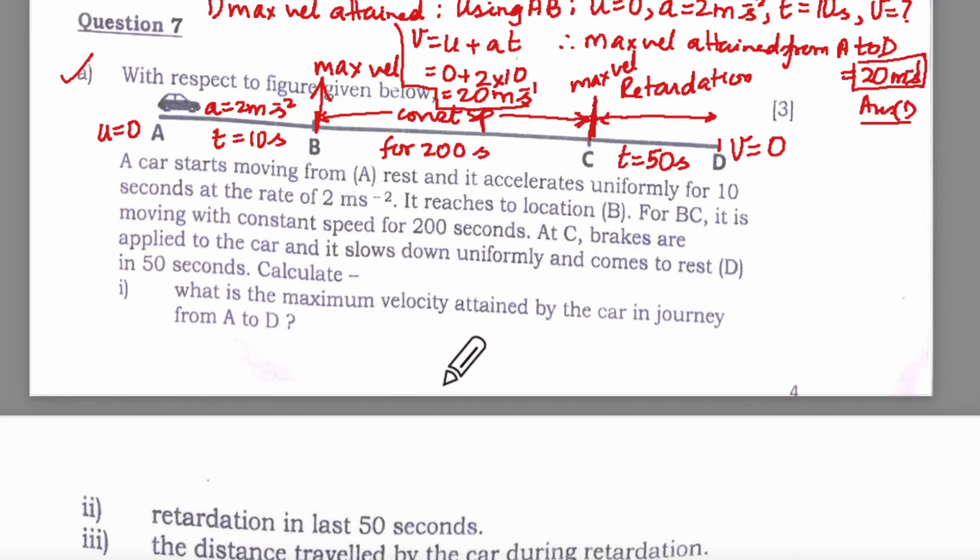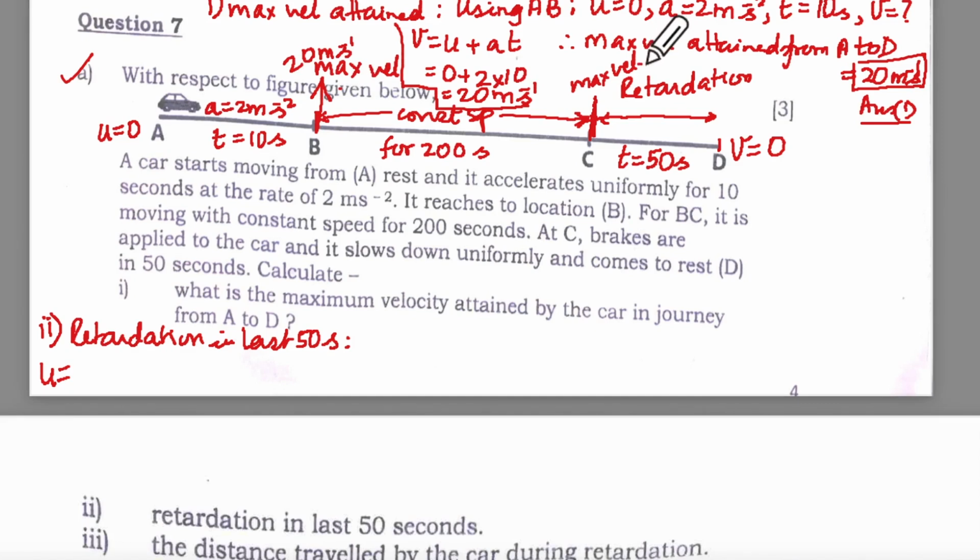Okay. Retardation in the last 50 seconds. Now we come to the second part. We want retardation in the last 50 seconds. In that I will have to use, what is the initial velocity over here? This is 20. Maximum velocity means here, can you in your diagram write 20 meter per second?